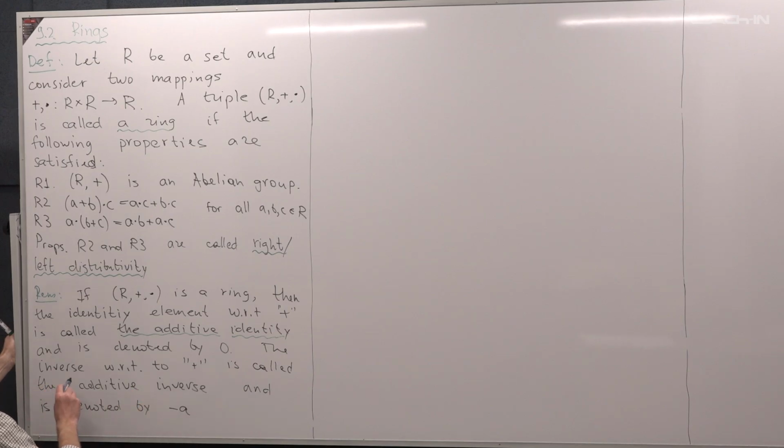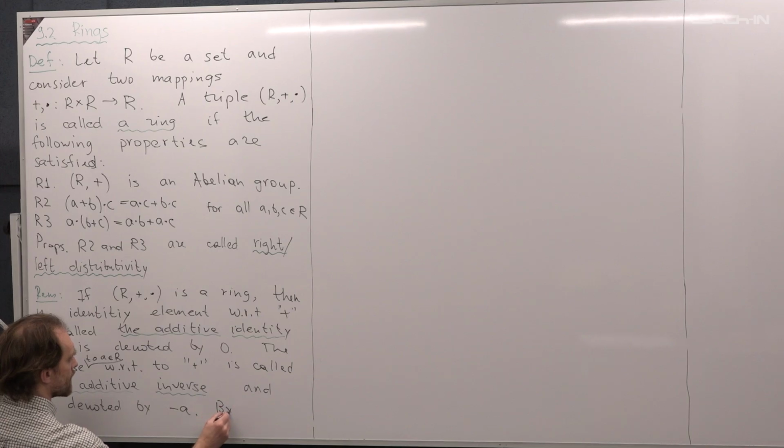The inverse to a with respect to the first operation is called the additive inverse, and is denoted by minus a.